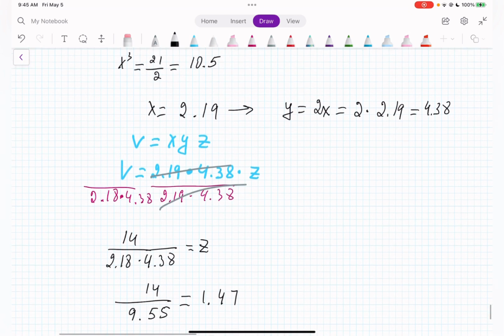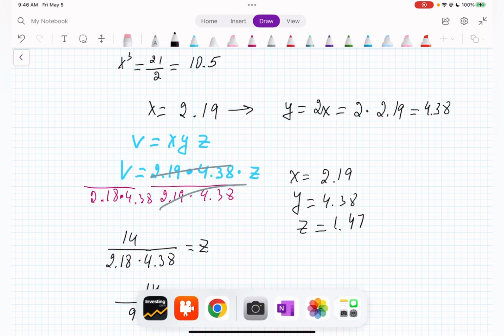So we have x is 2.19, that's the width, y is 4.38, and z is 1.47. Okay, let me take a picture of it, so when I enter the answers, I will have them.